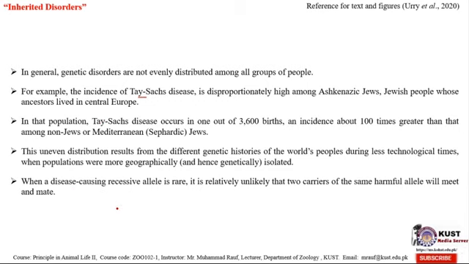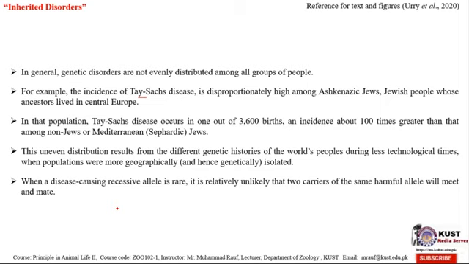So the cousin marriages, the marriages between close relatives, if are common in such populations, then there are more chances that the two carriers will combine and they will have an offspring which will be affected with the condition.